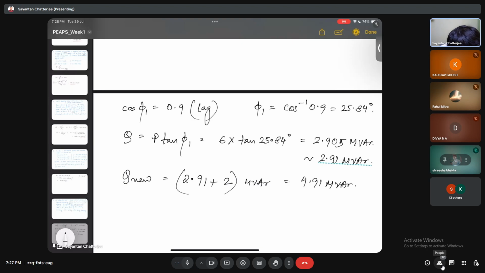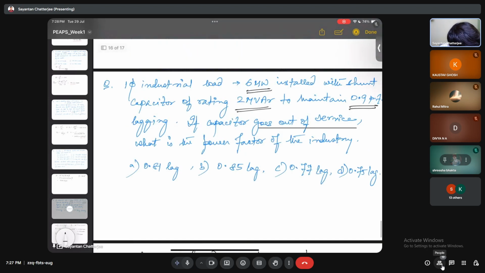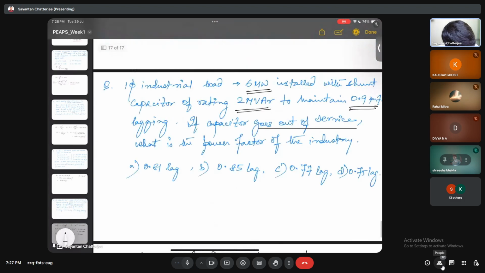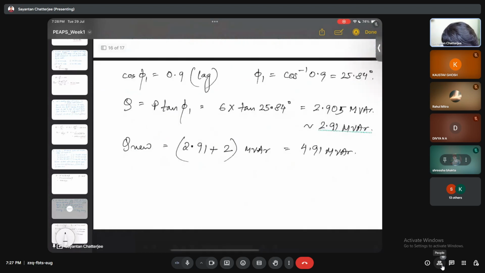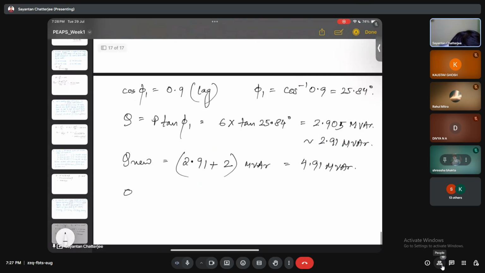So with this 4.91 MVAR and 6 megawatt real power, what will be phi 2 or phi new? We can consider this as tan inverse of Q new by P. Q new is 4.91.